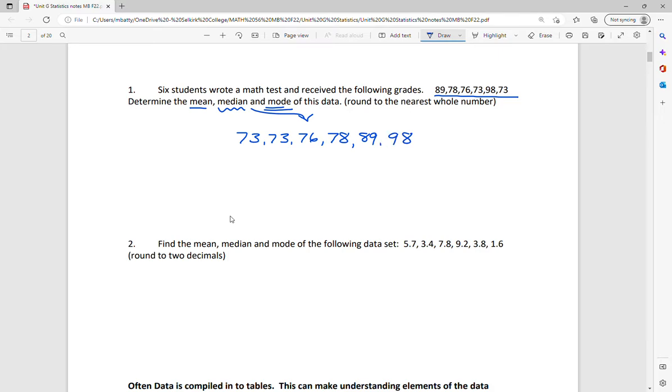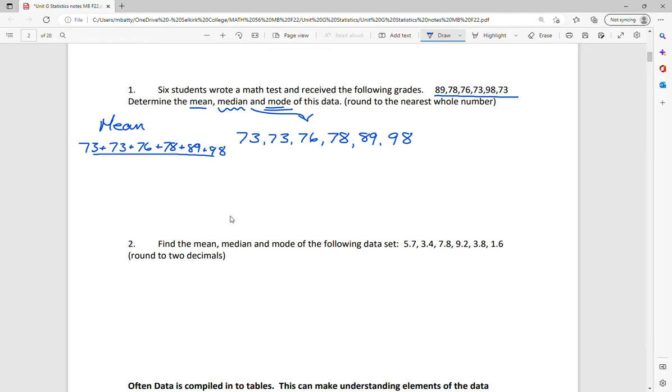And in this way, I can figure out which number lies in the middle. And so this also makes it easier to total those ones up. So the mean is the sum of all those numbers, and I just leave them in the order that they're written out. Keeps me from copying wrong, and also makes me look at the data more than once to catch a potential error. So the mean is the average.